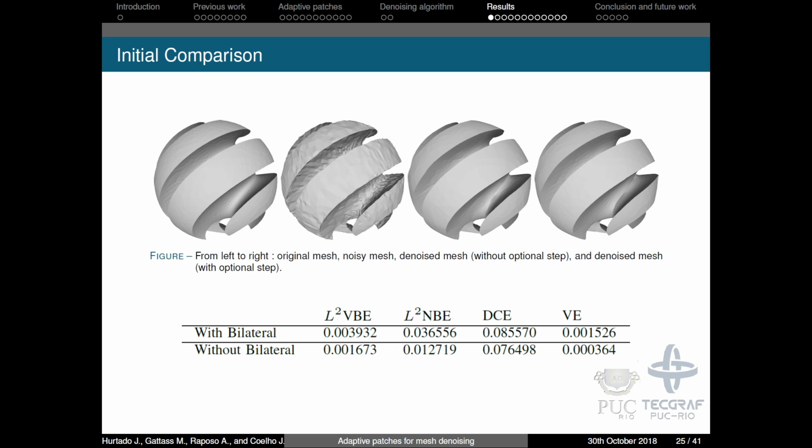As we can see, using this step we obtain smooth solutions, but if we look at the numerical results, where the first metric represents the distance between two surfaces, the second one between the corresponding normal fields, the third one the distance between the curvature fields, and the last one the volume error, we can see that our result without using this optional step is closer to the original one, because the result that uses this optional step is too smooth and has some flat patterns.